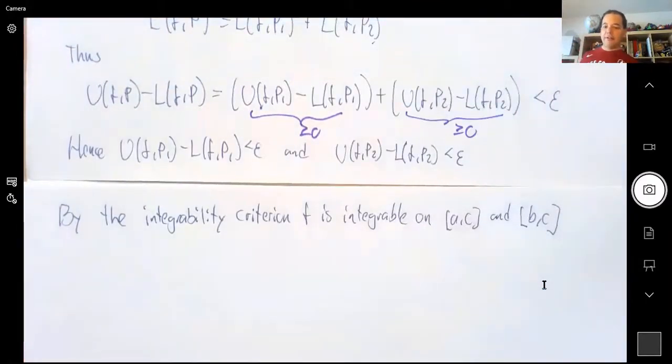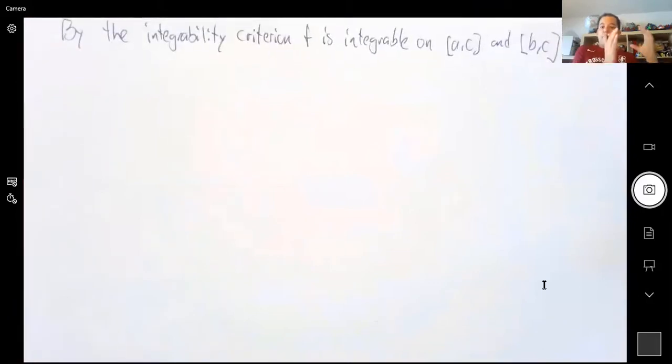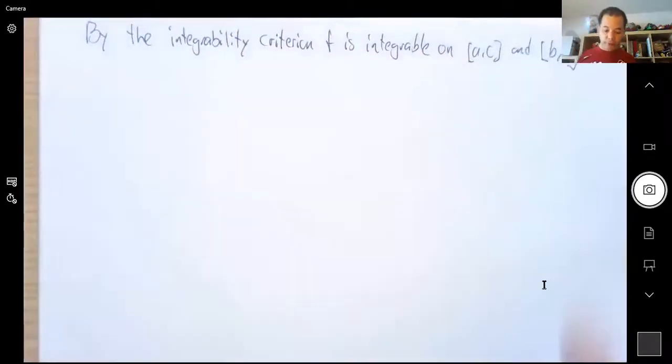All right. So that's the easy case because you have the big partition and you can simply divide it into the two pieces: the piece to the left of C and the piece to the right of C, and then that's it. Each one of those two pieces has to have the difference of the upper and lower sums be small.